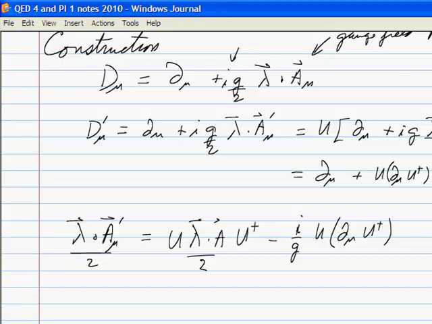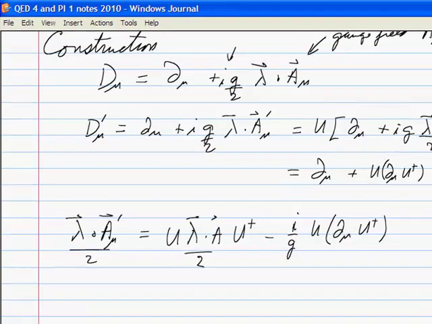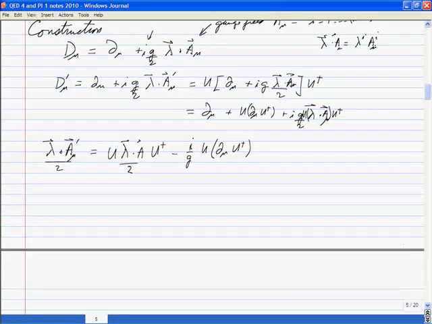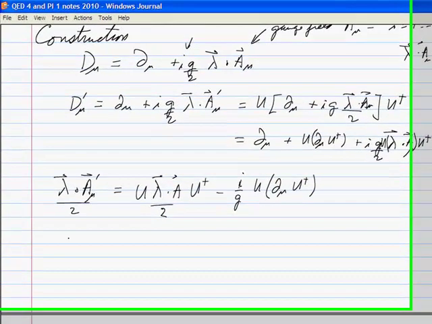This is a traceless Hermitian matrix. It's not completely clear to you that this is traceless Hermitian, but it is. If I expand this out to first order, U has a lambda dot alpha in it, and so this is a derivative of alpha. Actually, I'll write out what that is in linear order soon. But here's how you can project out if you want.